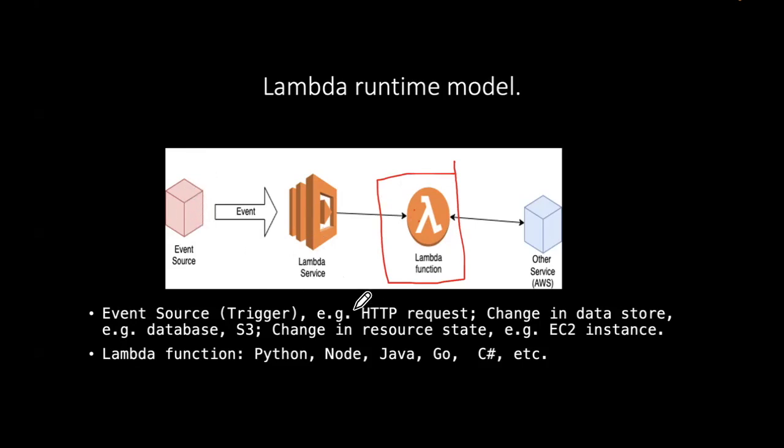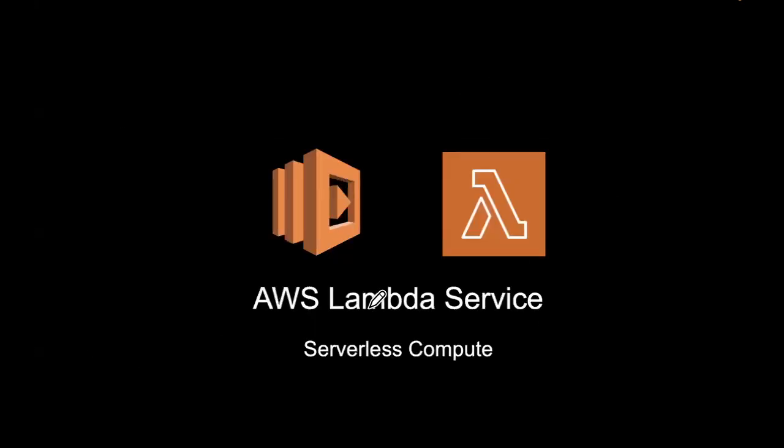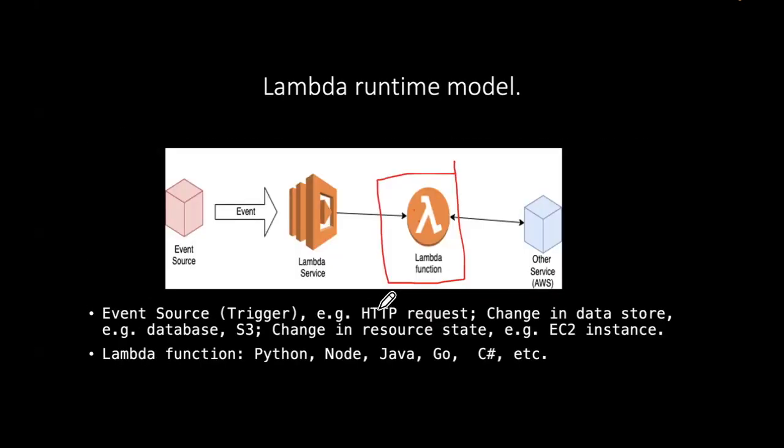So the event source might be a HTTP request. That's the simplest example. The event might be something a little bit more sophisticated. It might actually be that a change has happened in a database. So if this here was an actual database and a new record has been written to the database, the database might be the source of the event.